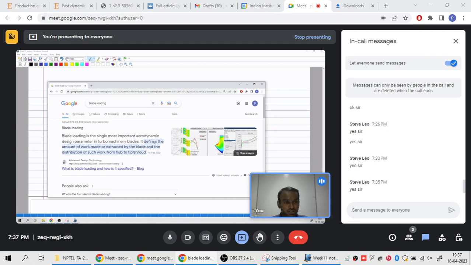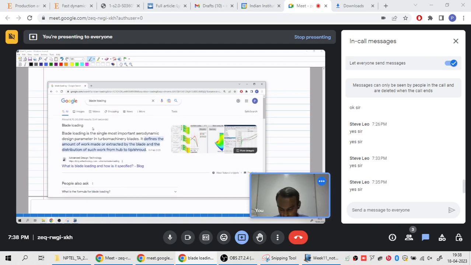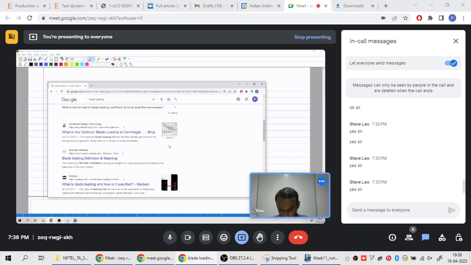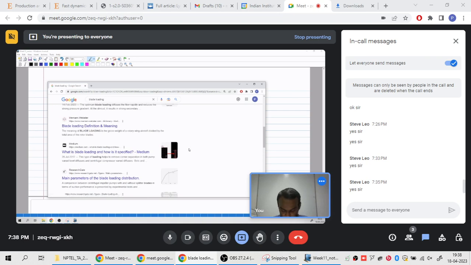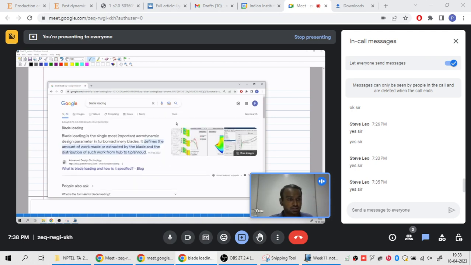Okay, how much work is given by one blade, so that if the work is high, then it has to undergo a lot of stress. Anyway, I will take this as the gross work relative to the total area. Anyway, I will find more about it and I will explain in the next class.